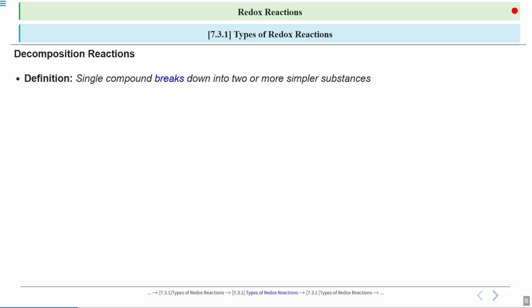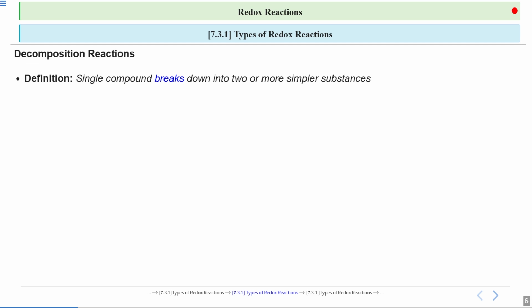Precisely, we can say that the decomposition reaction leads to the breakdown of a compound into two or more components, and at least one of the components must be in the elemental state.